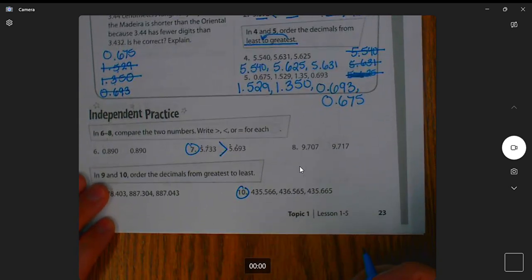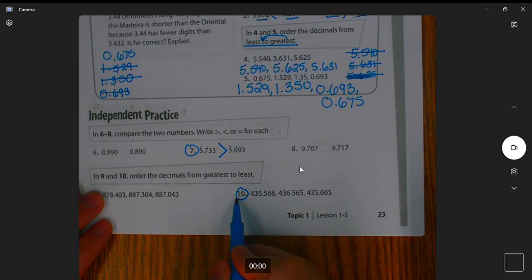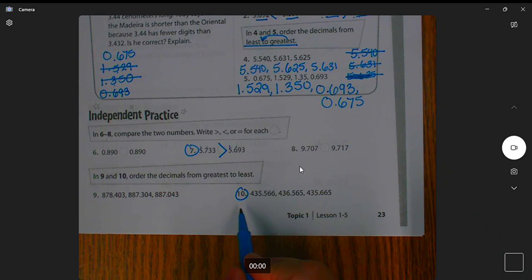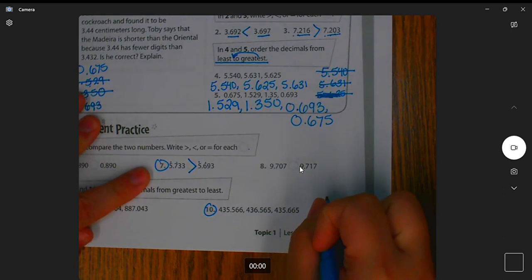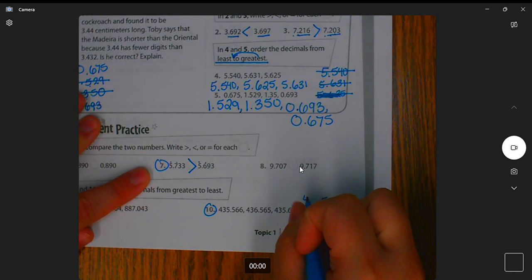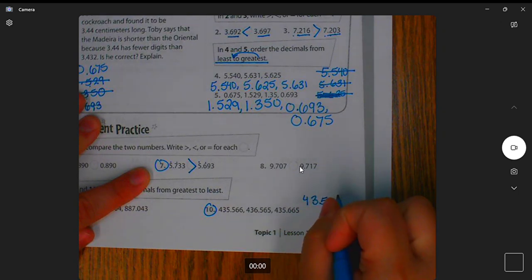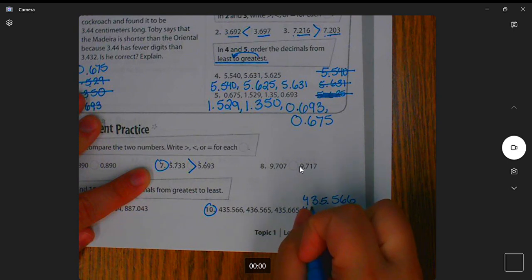Good job. Now, on number 10, let's order them from greatest to least. So, as always, I like to line mine up. I like to stack them just because it helps my brain to see it a little bit easier when I'm looking for those places.